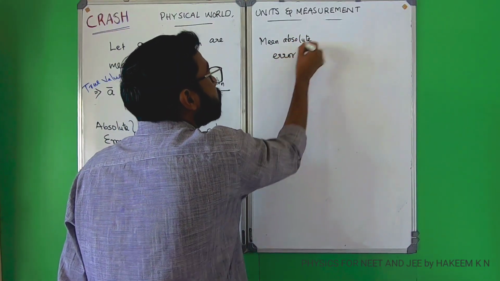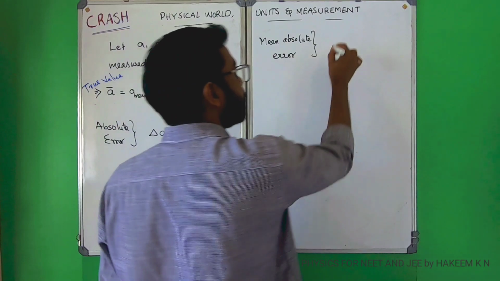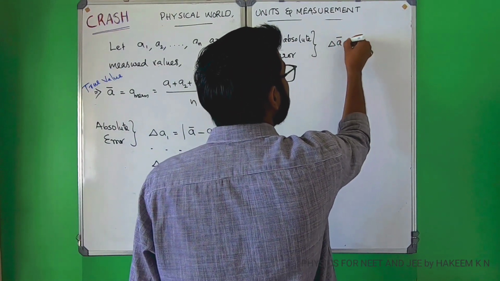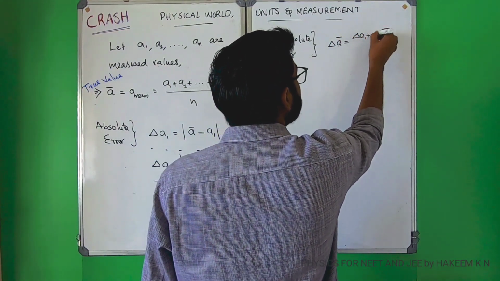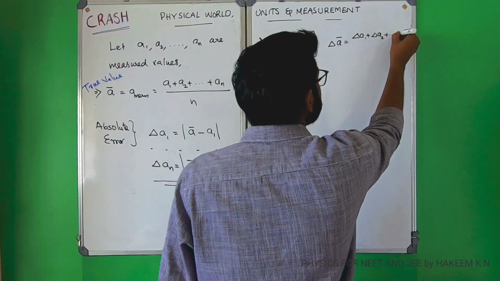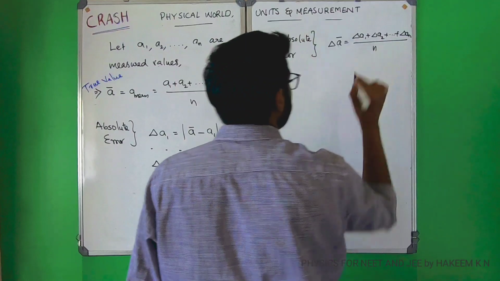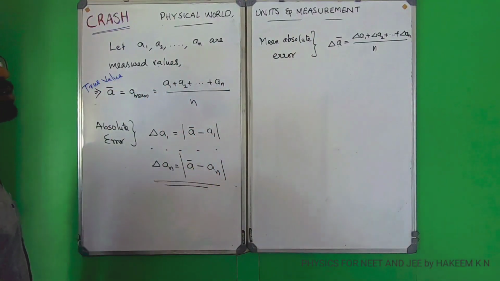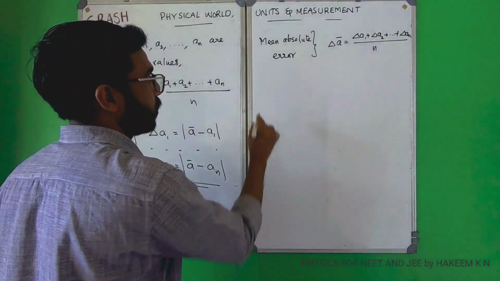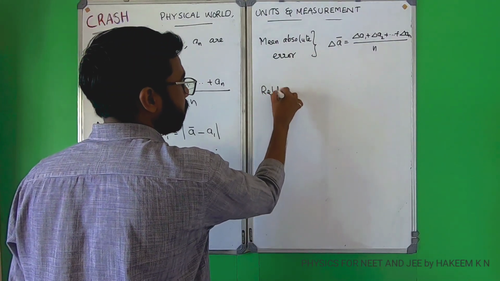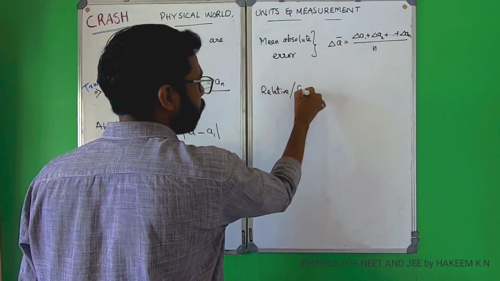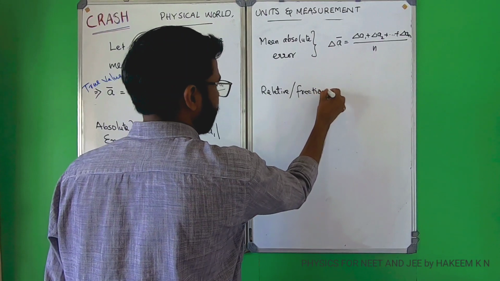Their average is called mean absolute error, that is delta A bar equals delta A1 plus delta A2 plus etc. plus delta An divided by n. Average of the errors is called mean absolute error.